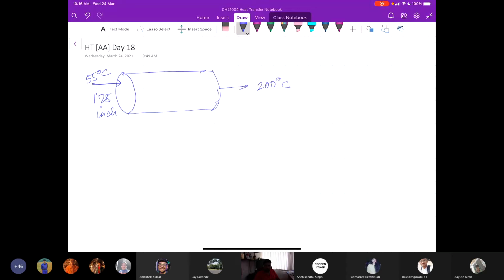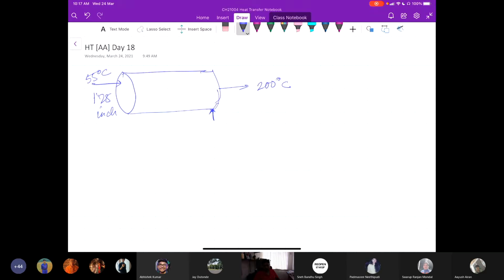So in this case, the question is, what is the surface temperature of the tube at the exit? We solved a similar problem in the last class as well. So we have a continuous source of heat.